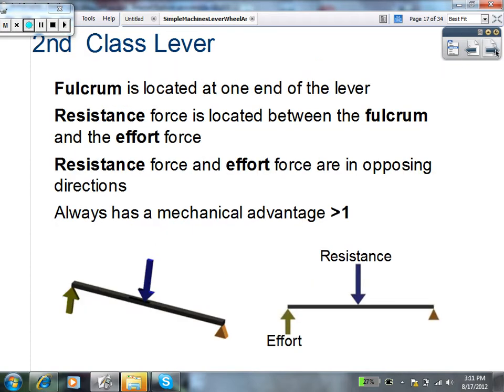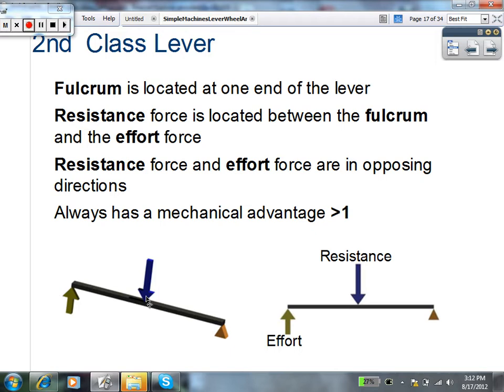In a second-class lever, the fulcrum is located at one end of the lever, and the resistance force is located between the fulcrum and the effort. So in this case, here is the fulcrum, here is the resistance force in the middle, and here's our effort force over here at the end. The resistance force and the effort force are in opposing directions.